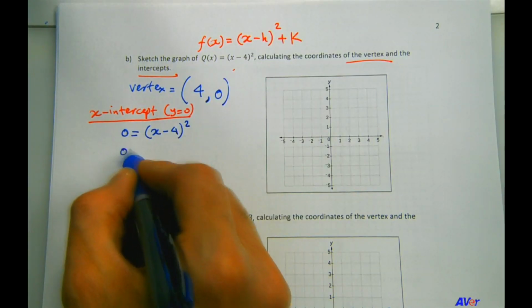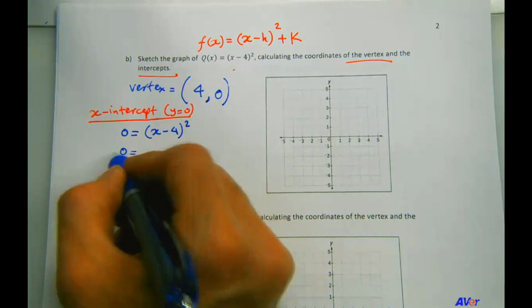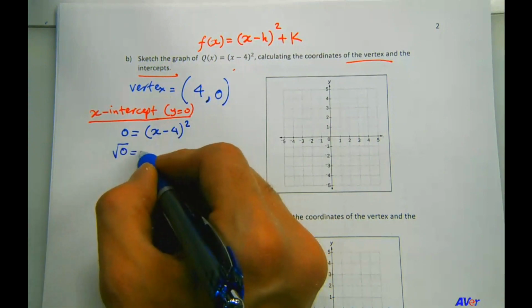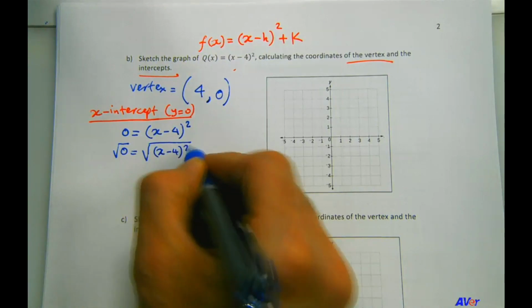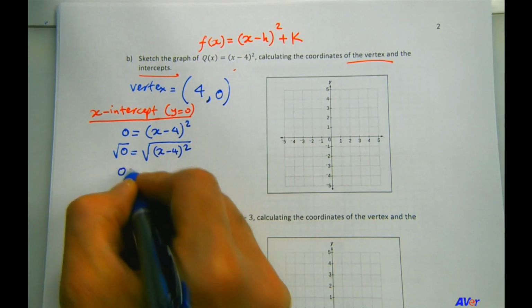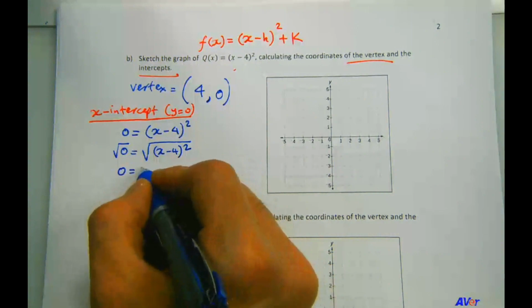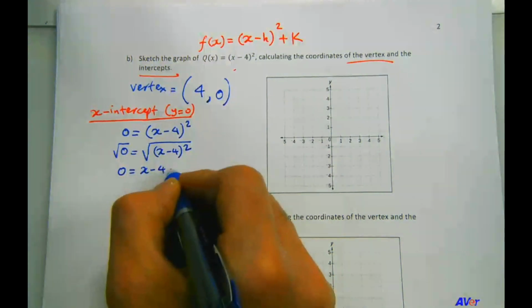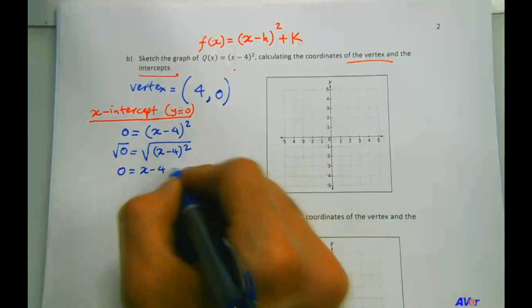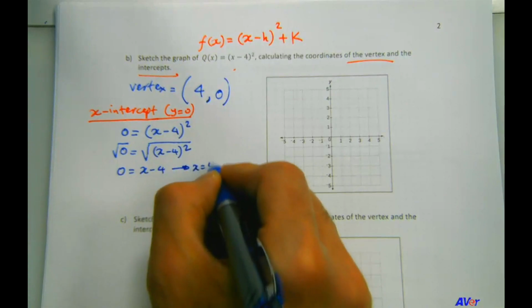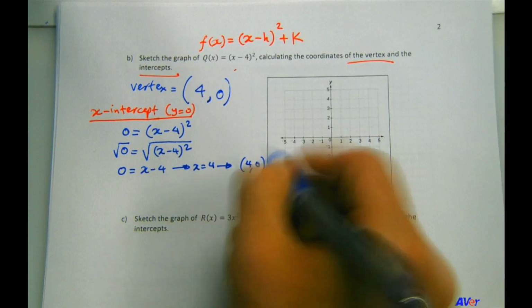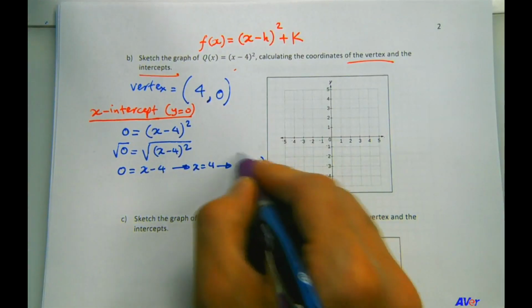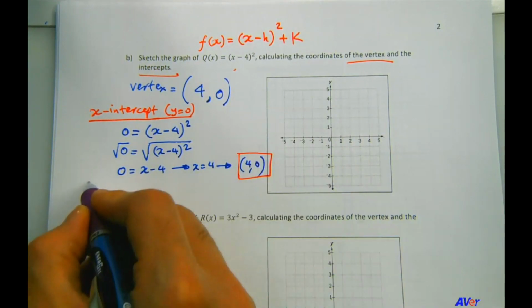We get square root of 0 equals square root of x minus 4 squared, and we end up with 0 equals x minus 4, which means x equals 4, or 4 comma 0 is the x-intercept here.